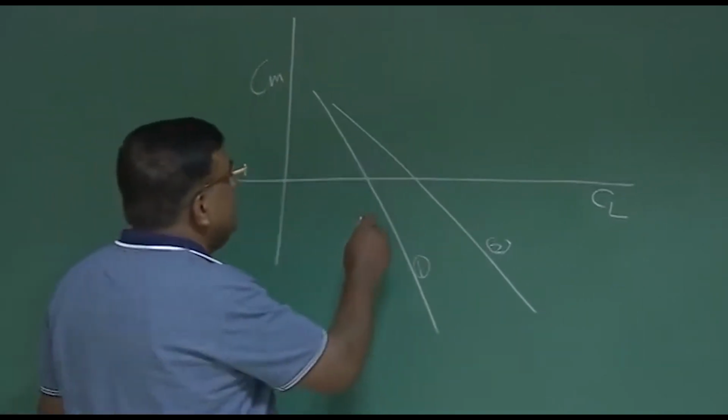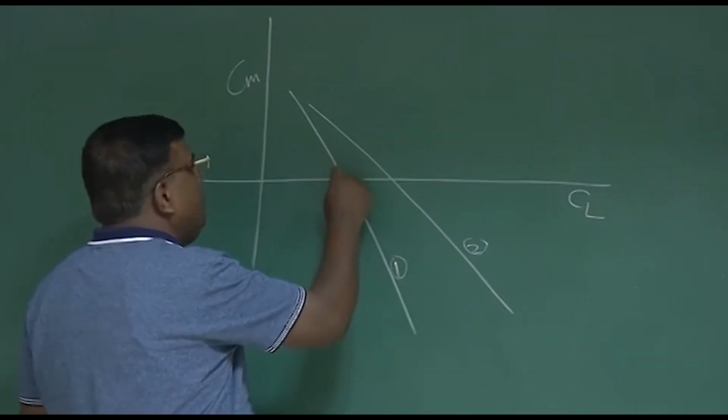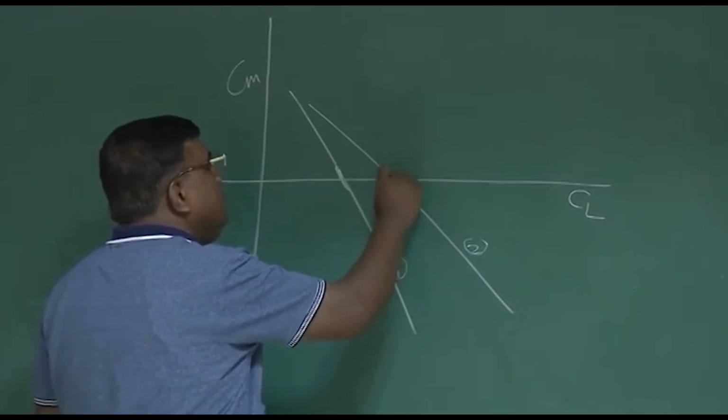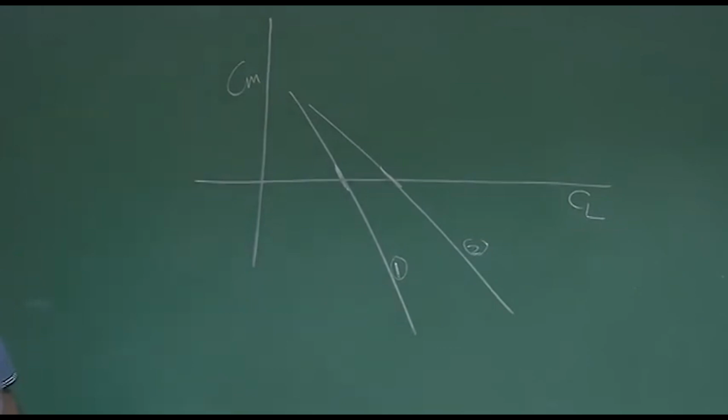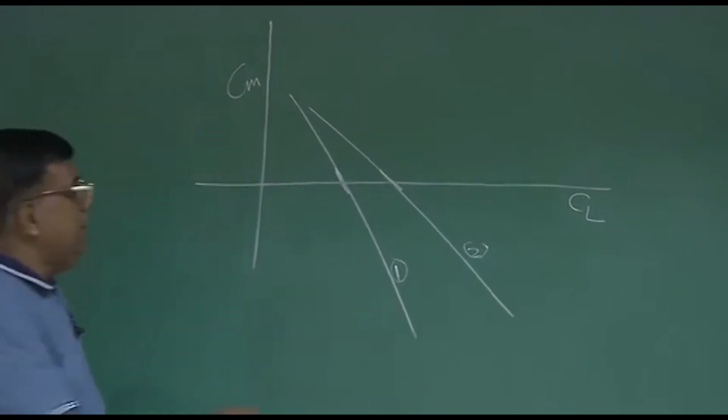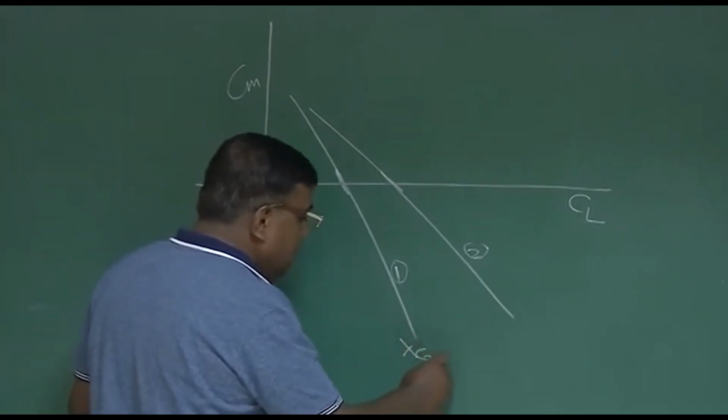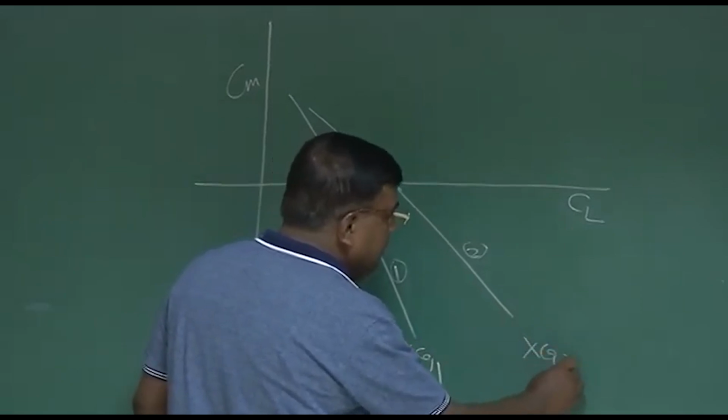You could very well see case 1 has this slope, and case 2 has this slope. The slope of 1 is more negative compared to the slope at 2. That means the airplane in the configuration of XCG1 is more stable than with XCG2.